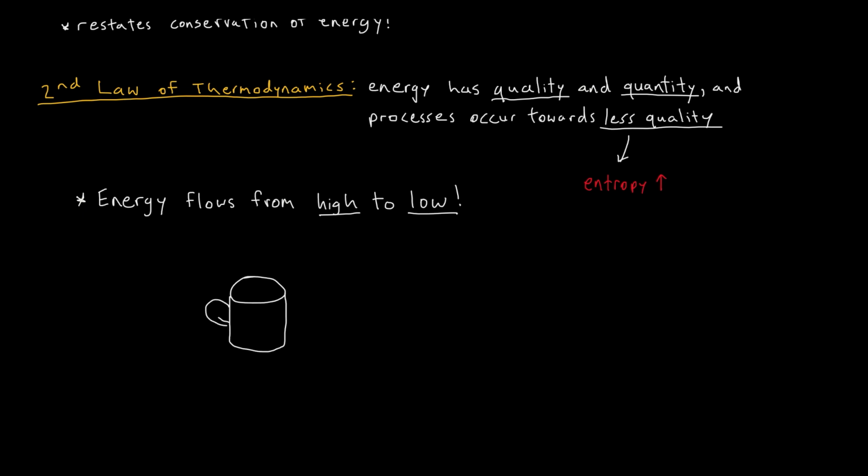Well, for instance, let's say we have a cup of coffee that is left on a table, and the coffee itself is, of course, hot, as it has just come out of the coffee pot and is at 80 degrees Celsius, and the surroundings are at room temperature of roughly 25 degrees Celsius. Then, of course, here we expect the energy to flow from this high, hot area to the lower energy, colder area, which is the surroundings.